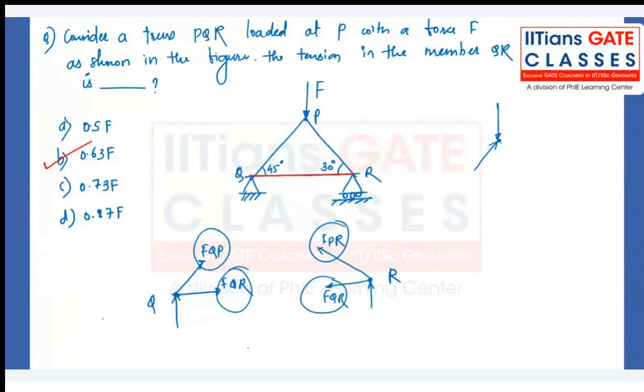F force is acting, then this is F PQ, F PR. Okay.